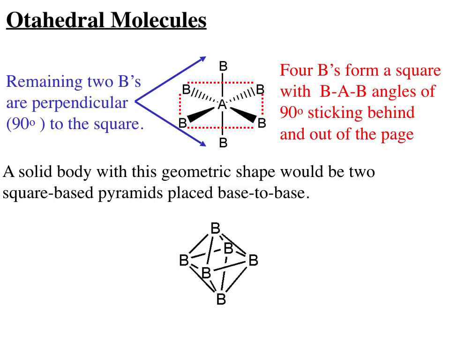If you connected these Bs together and made the entity solid, it would have 8 faces, 8 equilateral triangle faces, a square pyramid above and a square pyramid below, connected together. That is where the name octahedral comes from: the number of faces a solid object with apices at the points of the Bs would have if you connected them together.